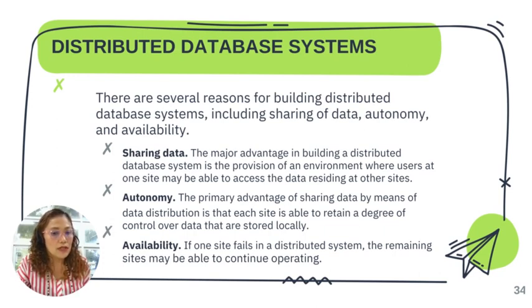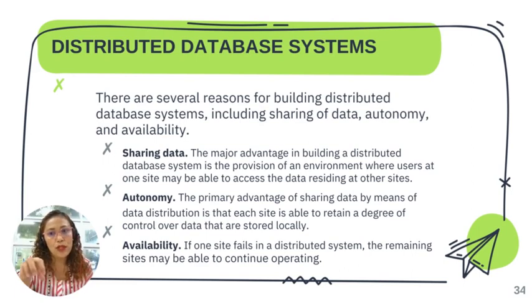Then autonomy. The primary advantage of sharing data by means of distribution is that each site is able to retain the degree of control that they have over their local data in site one. And availability.